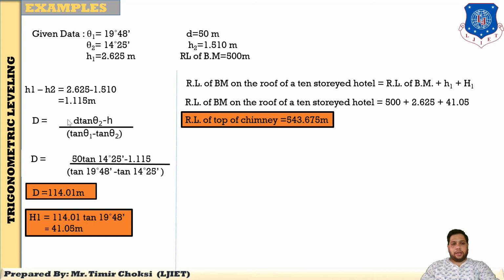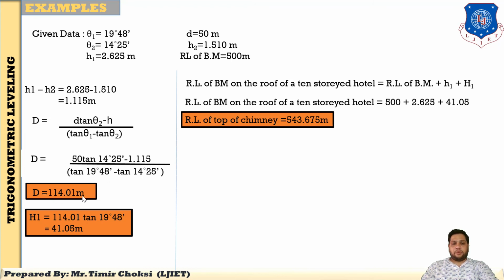Now in case number B the formula is d equals (d tan theta 2 minus h) divided by (tan theta 1 minus tan theta 2). Put all the values from this equation and you get the answer d equal to 114.01 meters.